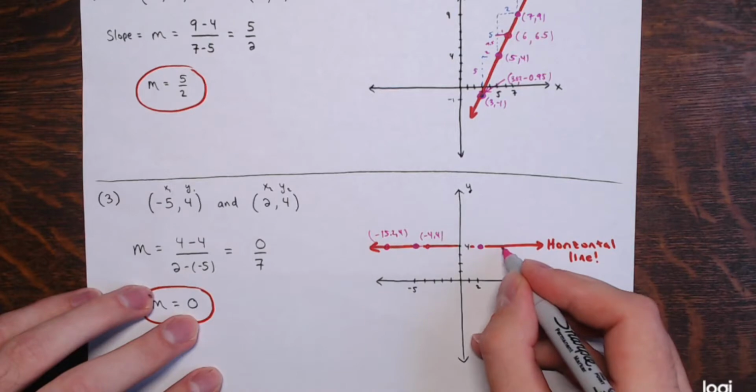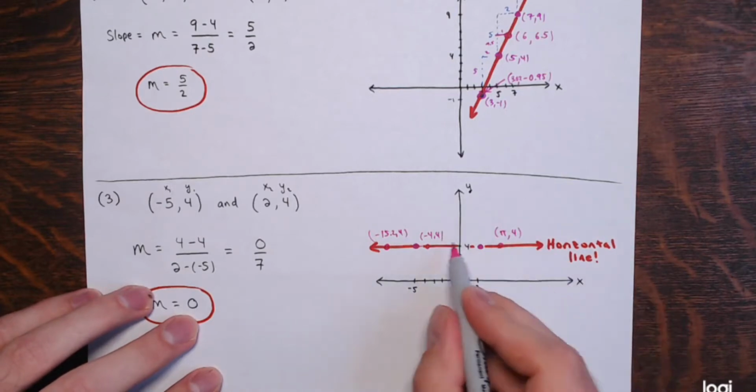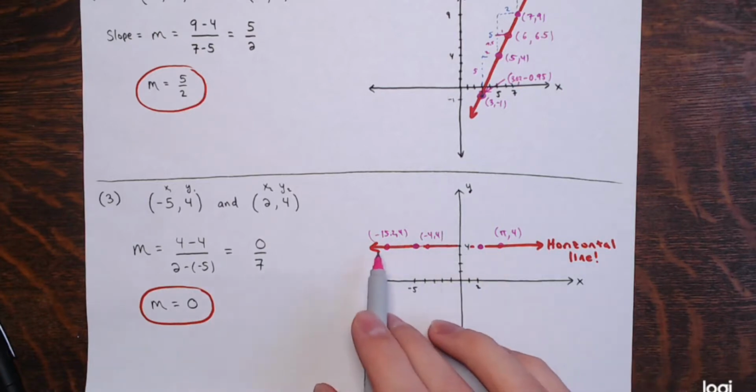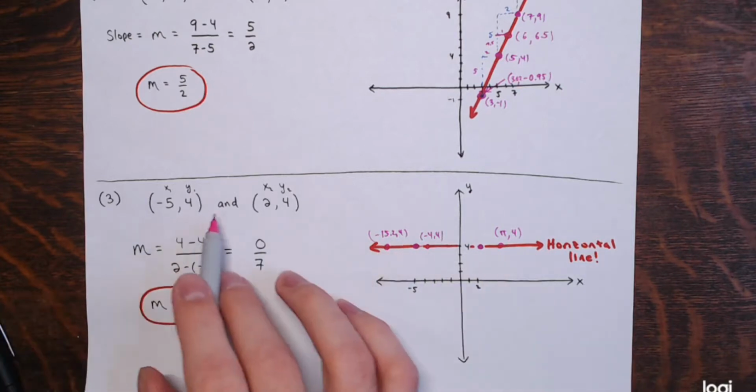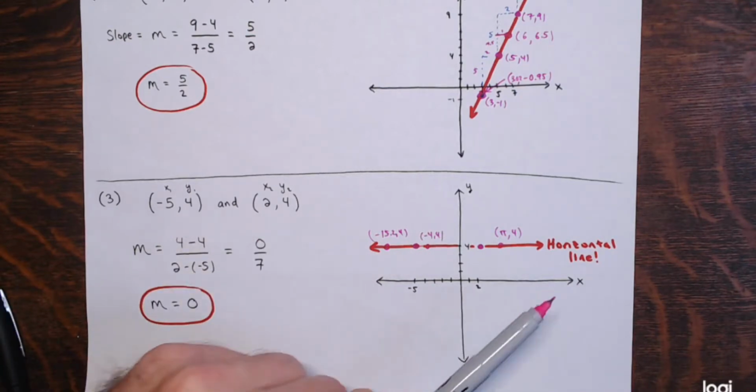Over here's pi, 4, right? Every single y coordinate is 4. It doesn't matter what the x coordinate is. Very easy. So I'm not even going to show you this one on the Desmos site. It's just all these points are on a horizontal line. All these points have some x coordinate and 4 for the y coordinate all the time. Slope is 0, horizontal line. Wonderful.